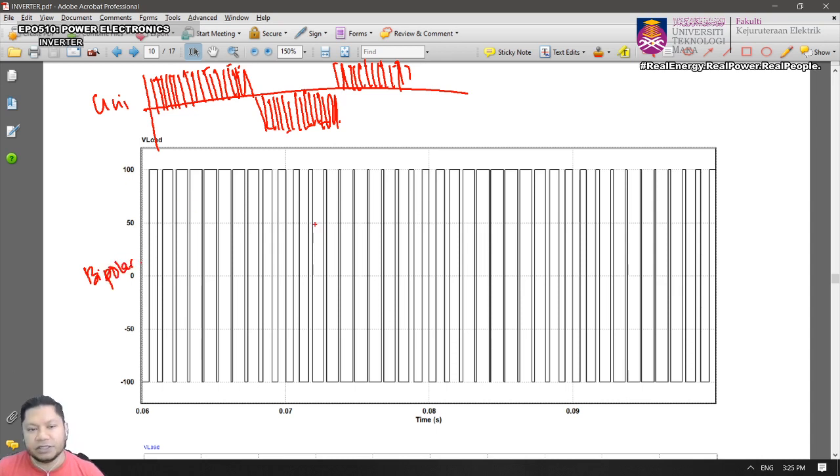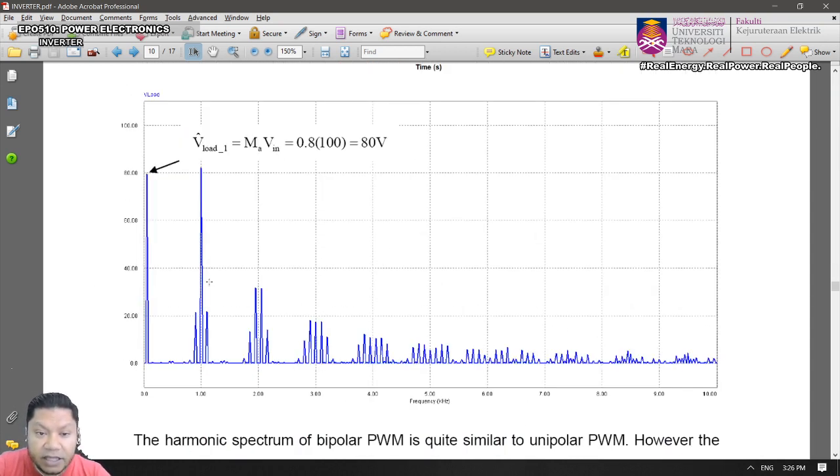Different output voltage. But again, if you look at this waveform, this is far from the sinusoidal AC waveform, isn't it? But the beauty is, when you look at the harmonic spectrum behind the load voltage here, behind the bipolar PWM output voltage, there you are, you're going to see our fundamental.